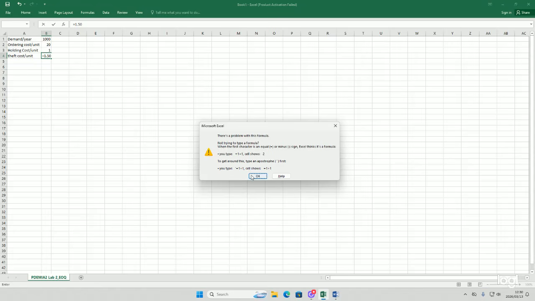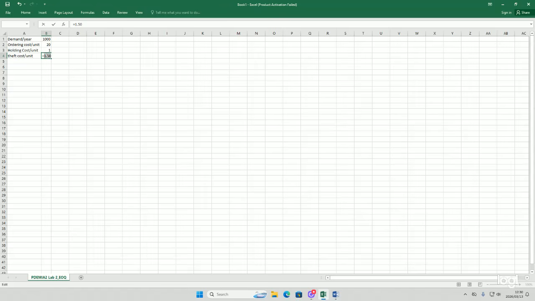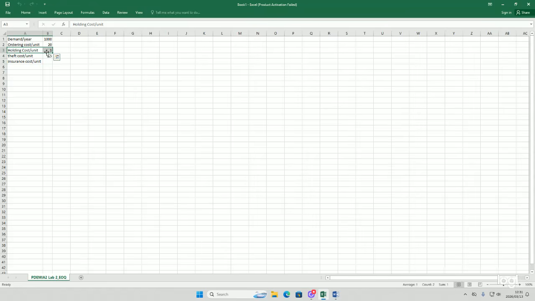I think I have to use a comma, because Excel doesn't recognize this point. Perfect. So I give you your theft cost and also your insurance cost per unit. Instead of giving you this, I give you that.